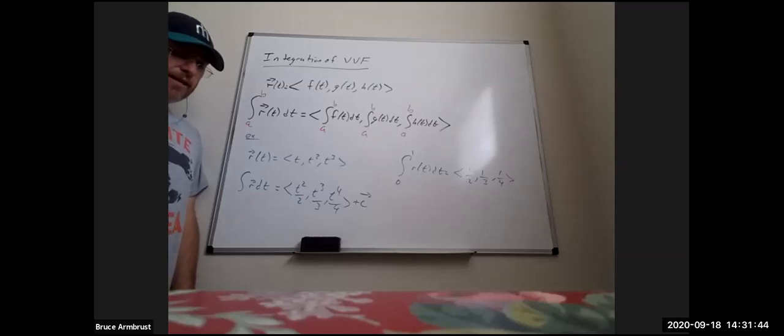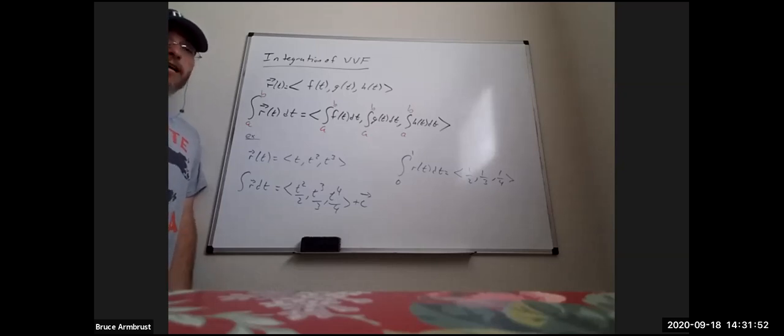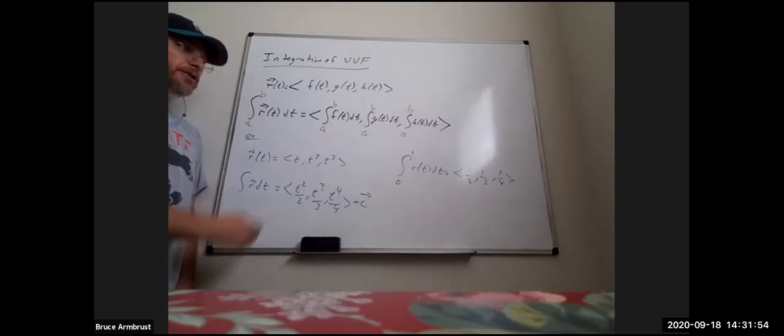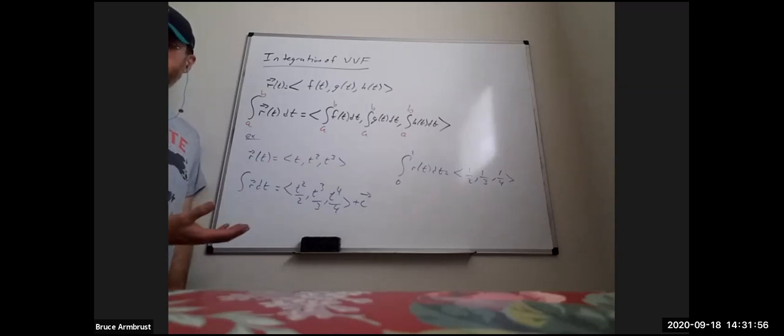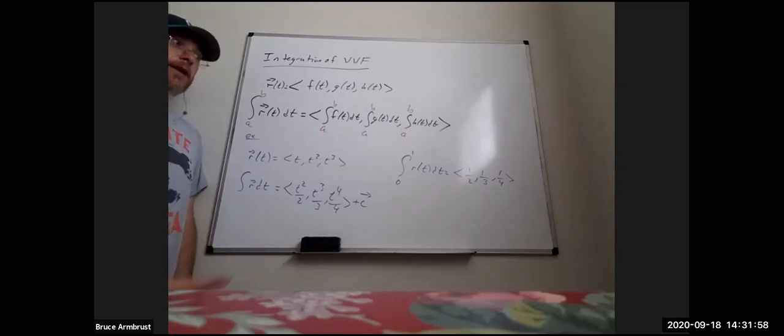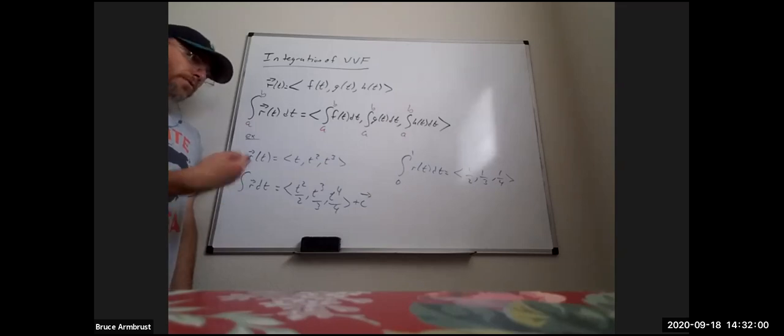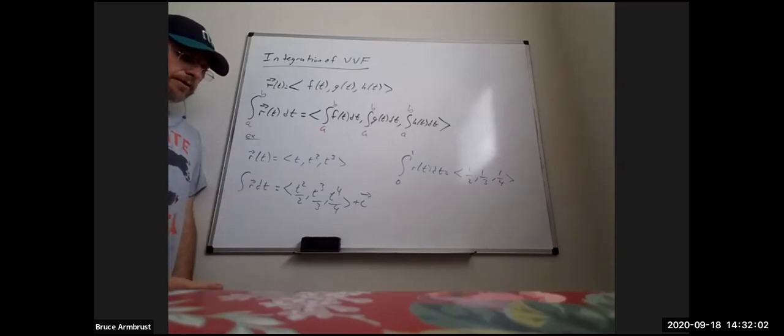Or I give you something with 1 over the square root of 1 minus t squared, and you go, ah, trig sub, or whatever. That's what makes these challenging, just the individual functions. The process itself is the same as before, just once for each component.